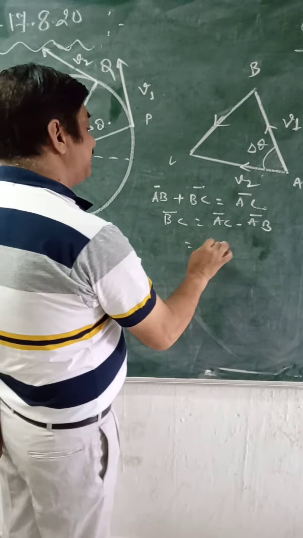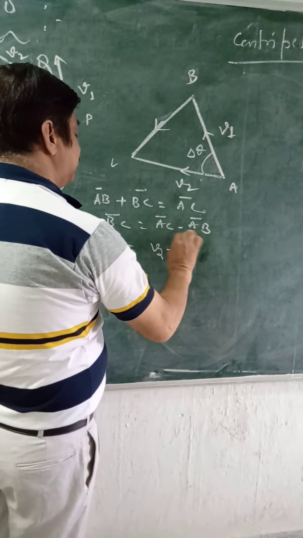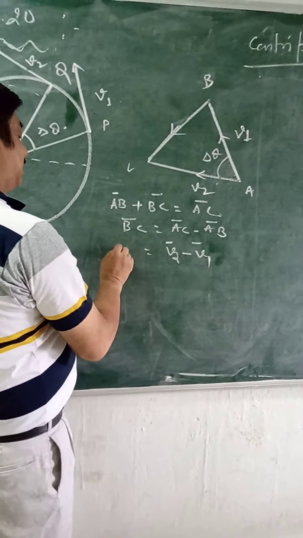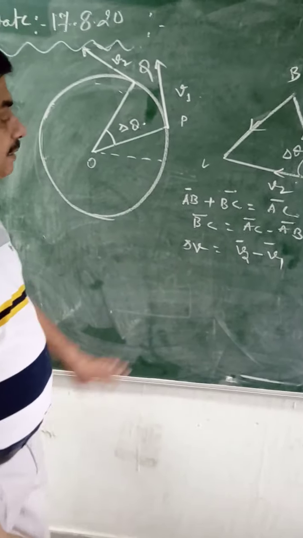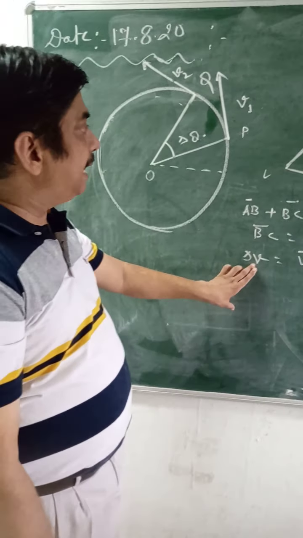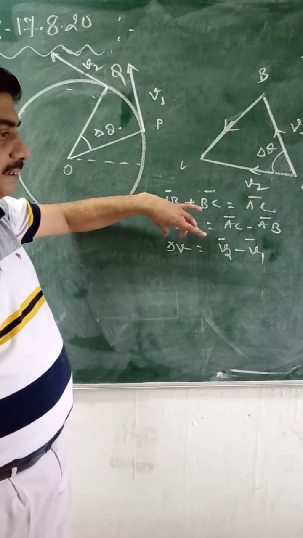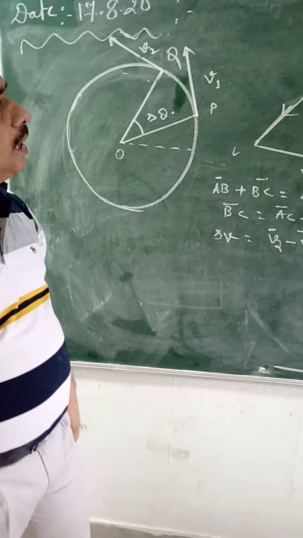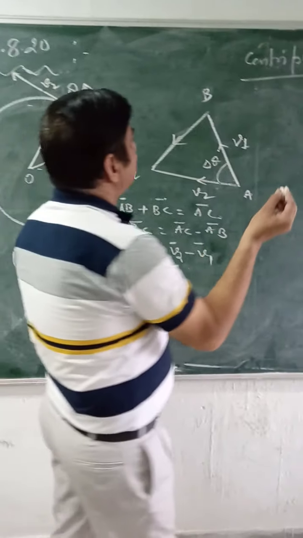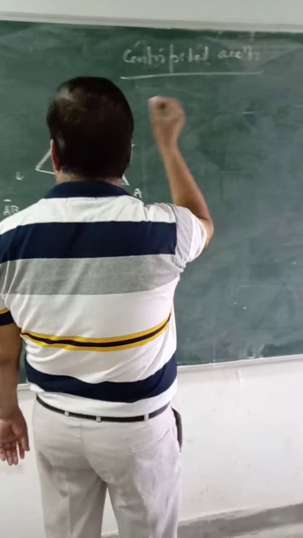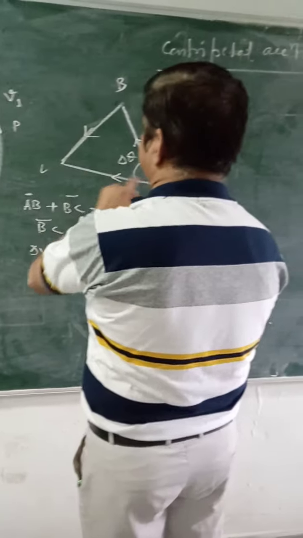And what is AC? V2 minus V1. So this is V2 minus V1 and this is delta V. With the help of this relation we can find BC, that is delta V.